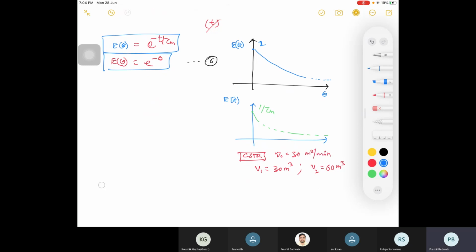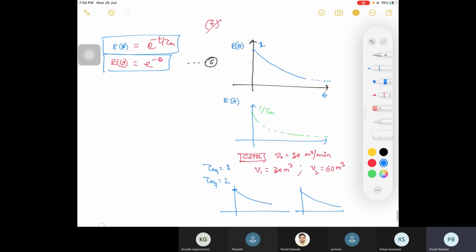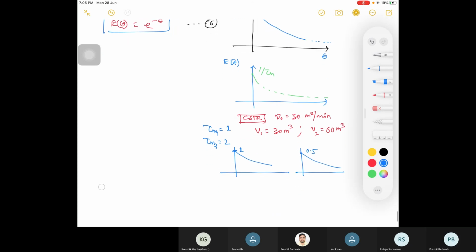Your curve will start from some different value for E1 and some different value for E2. What is tau m in both cases? Tau m1 is 1 and tau m2 is 2. So one curve will start from 1 and the other will start from 0.5.